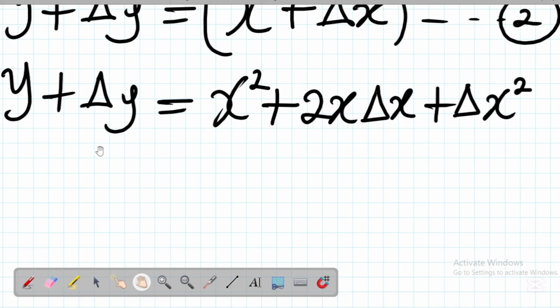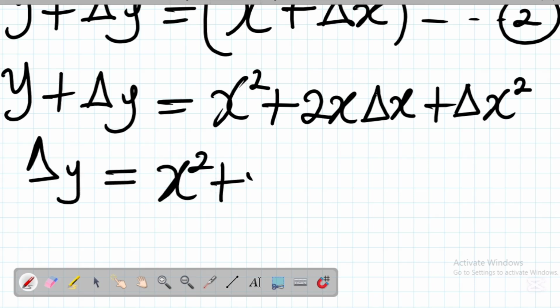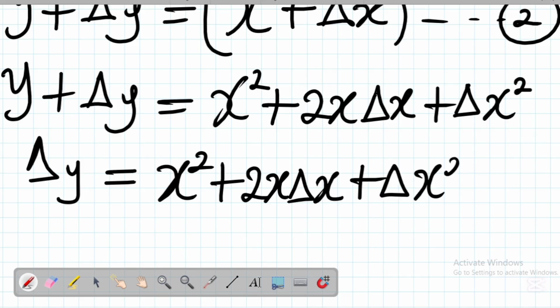Alright, let's move y to the right hand side. If we move y to the right hand side, we would have change in y equals x squared plus 2x change in x plus change in x squared minus y.